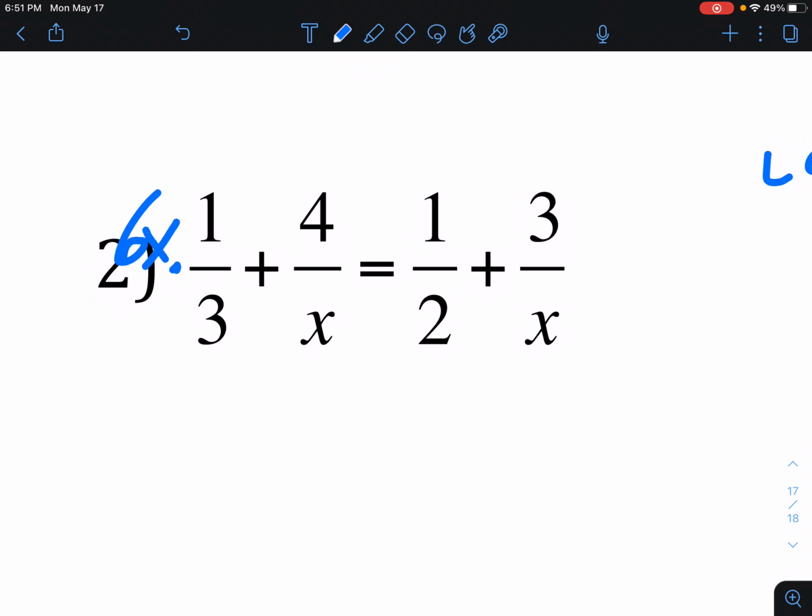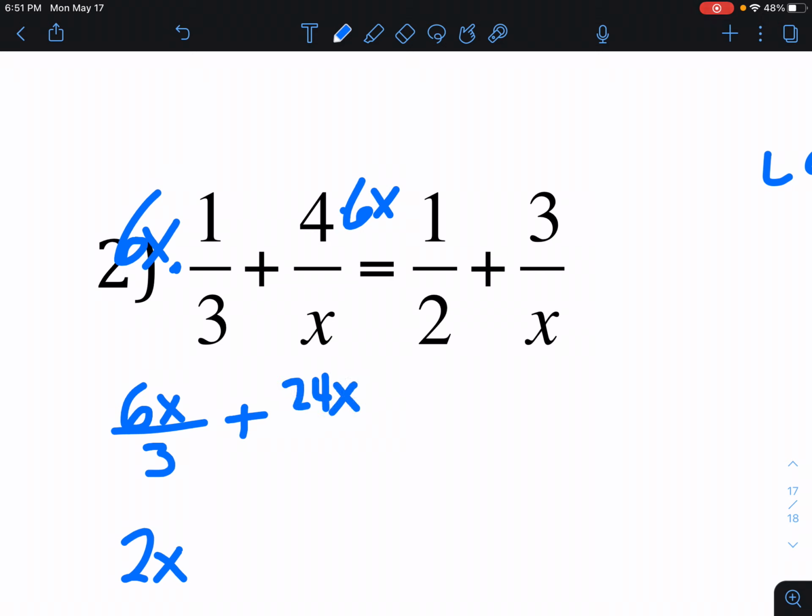So here, this will be the first one. 6x times 1 is 6x, and then divided by 3 will be 2x. Your second one times 6x, so that'll be plus 4 times 6 is 24x divided by x will be 24.